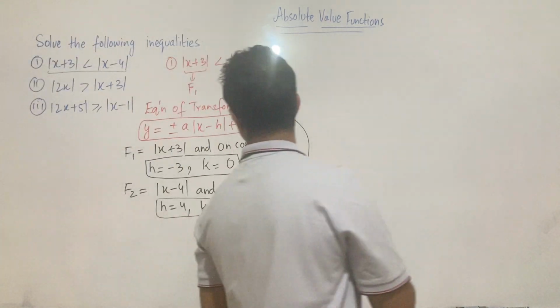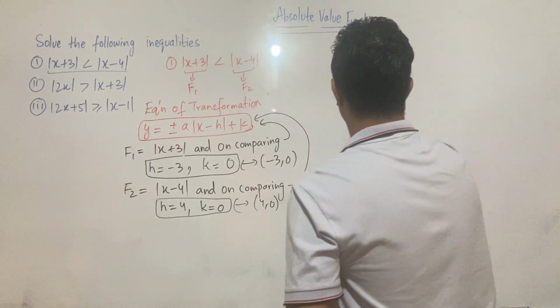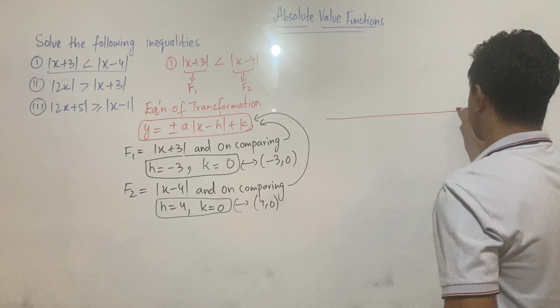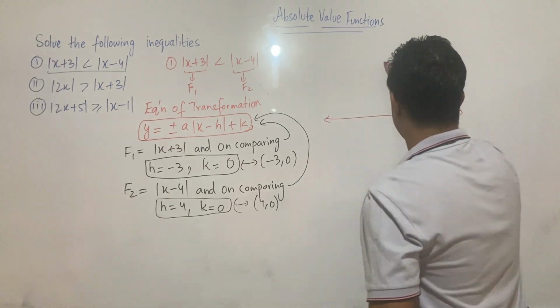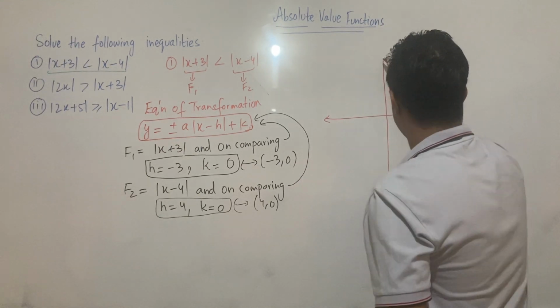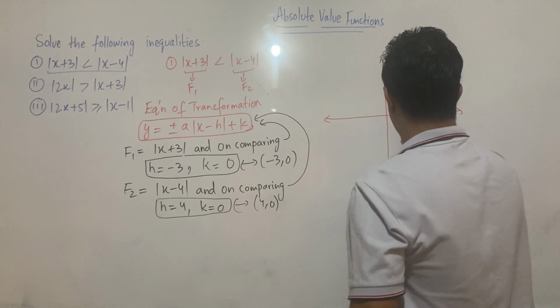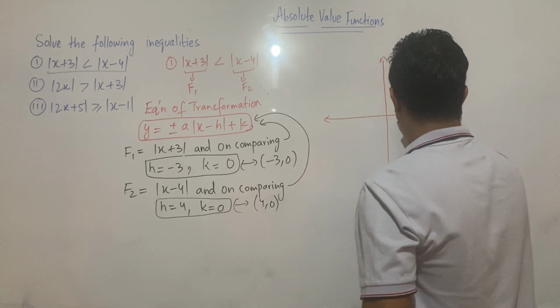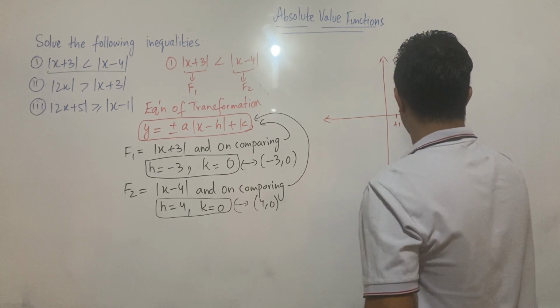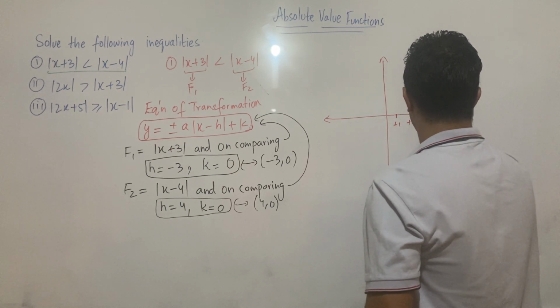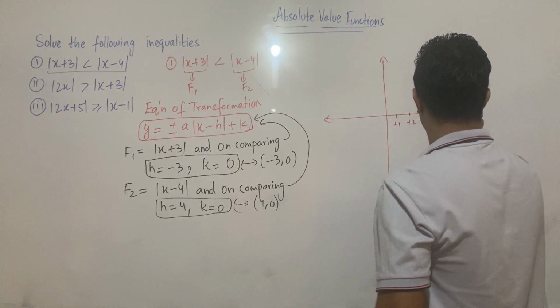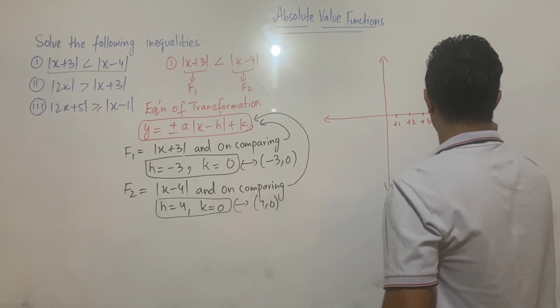Okay, so now what we can do is we can draw the graph, right? We can sketch the graph. This is here +1, +2, +3, +4, +5, +6.